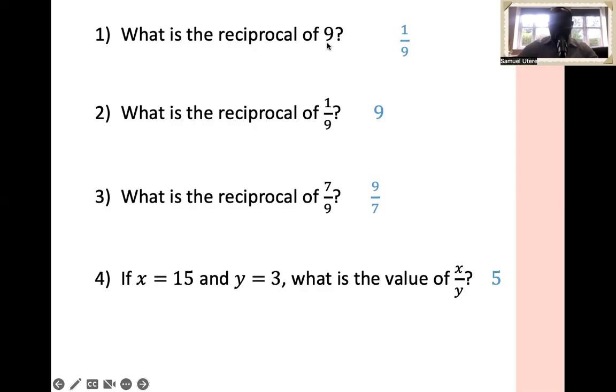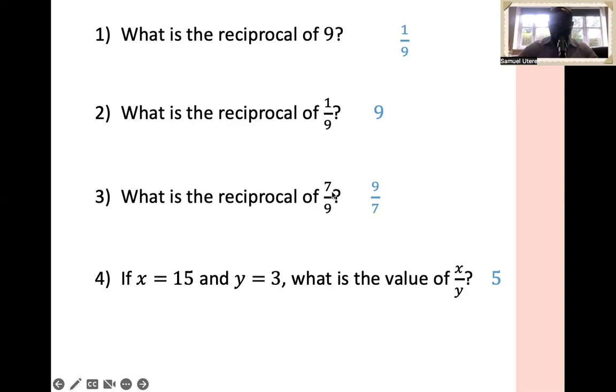If we apply the principle of reciprocal, which I made simple by telling you you just need to flip the fraction, 9 over 1 is actually 1 over 9. And then the reciprocal of 1 over 9 is 9, because if we flip this fraction, 9 will go to the top and 1 will come to the bottom. And of course, 9 over 1 is the same thing as 9.